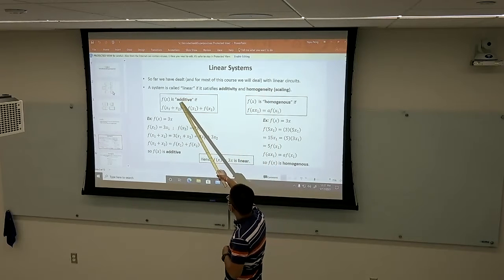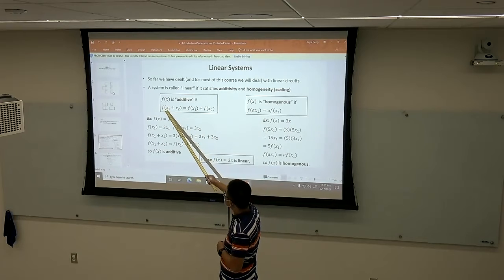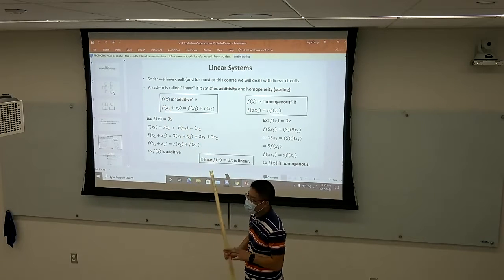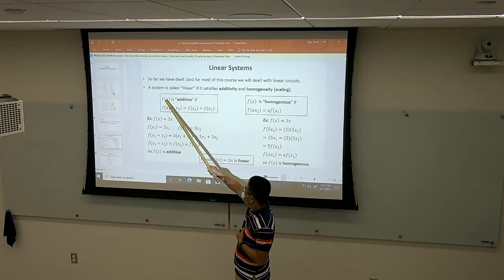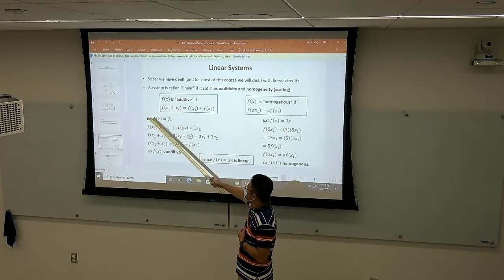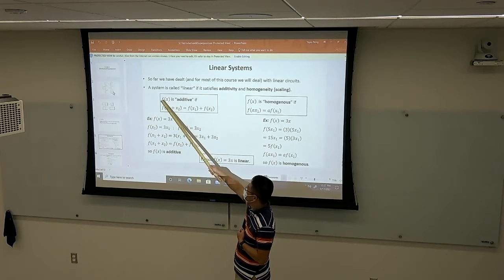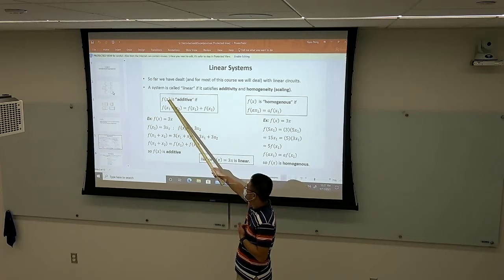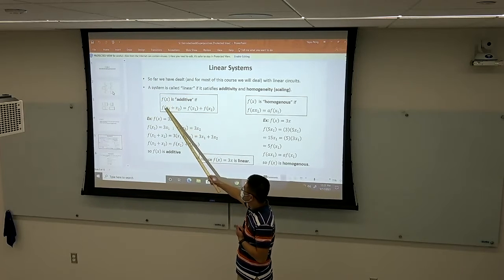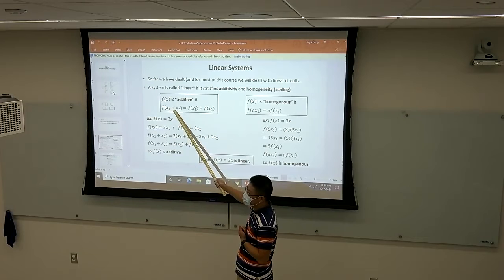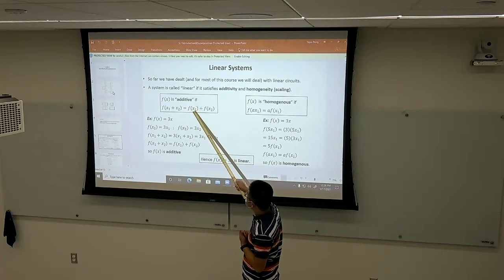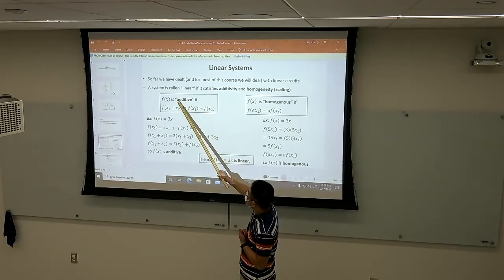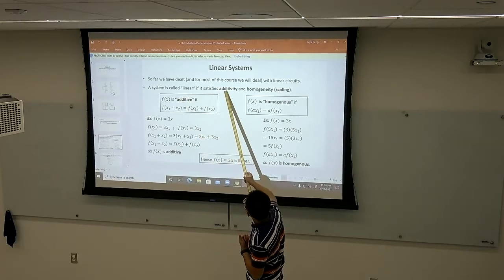Let's take a look at additivity. Here f is our function. If we have x1 as the input, we get f(x1). If we have x2 as the input, we get f(x2). If we put the sum of x1 and x2 into this function and we get f(x1) plus f(x2), we call this additivity.